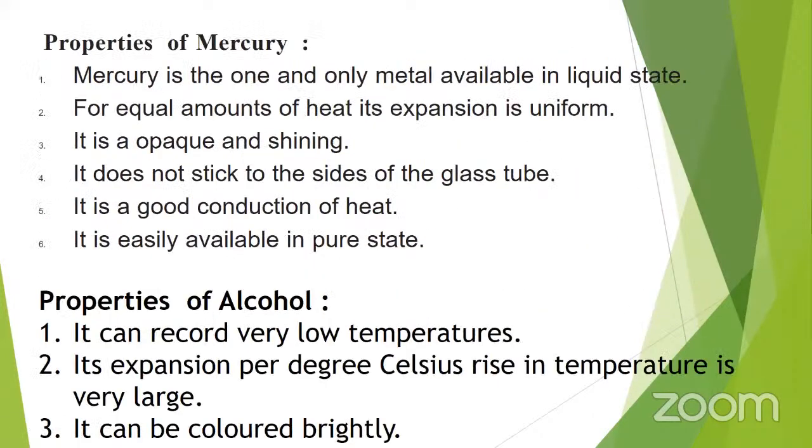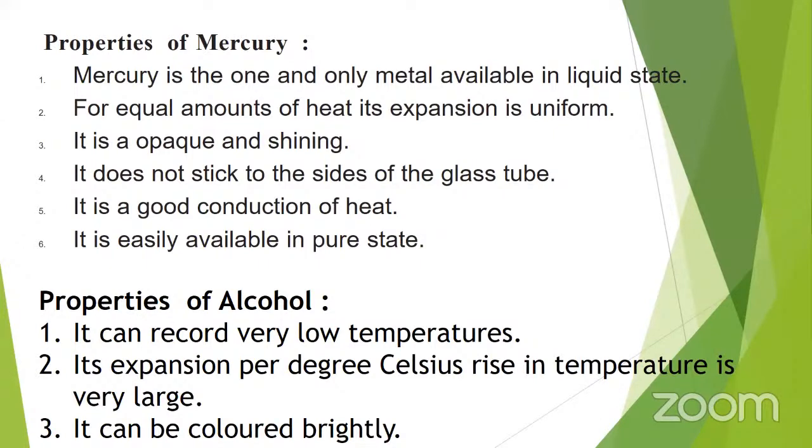So one more thing, we use alcohol. Why do we use alcohol in thermometers? It can be used to record low temperatures. It expands to a high degree with a low degree of temperature. It can also be colored so that it can be easily identified.